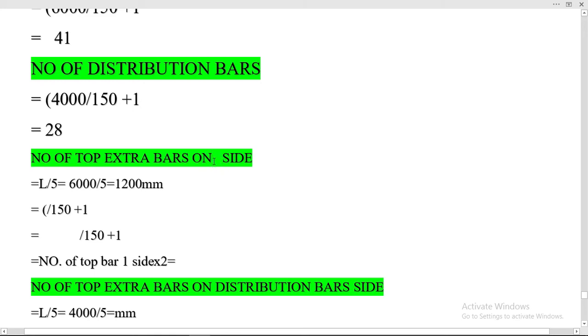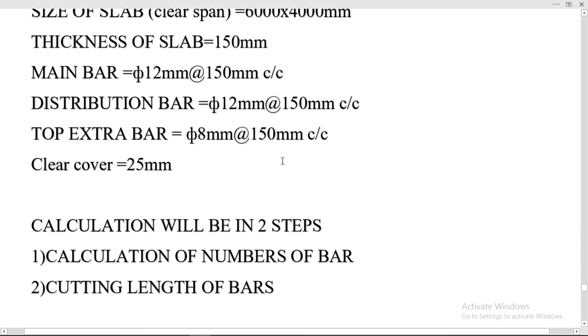Here on main bar side, length required 1200. To calculate now number of extra bar, we calculated the length on which we will provide the top extra bar. Here I will show you in the section view.